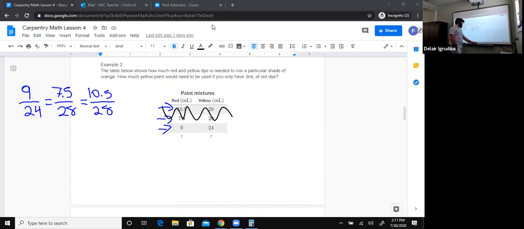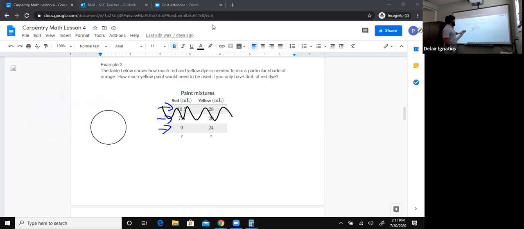And let's just say that the question says we need 9 milliliters of red dye to prepare 24 milliliters of yellow dye to prepare the particular shade of orange. And we only have 3 milliliters of red dye. So that is a 9 to 24 ratio of red to yellow, and we need to match that where we have 3 milliliters red.